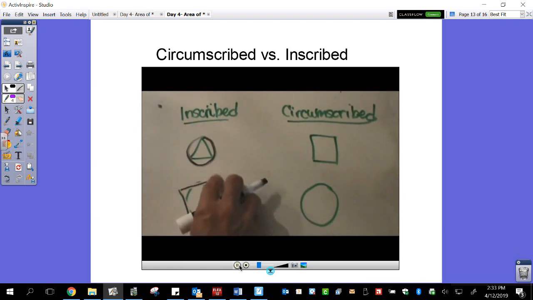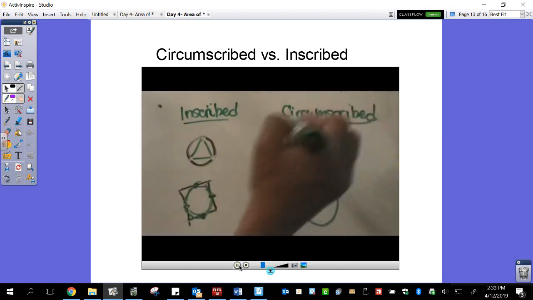I've got a quadrilateral around the circle. So we say the circle is inscribed in the polygon. Now, for it to be inscribed, all the vertices need to touch the circle, and the circle has to be tangent to the polygon. So these are points of tangency. They touch in one point.